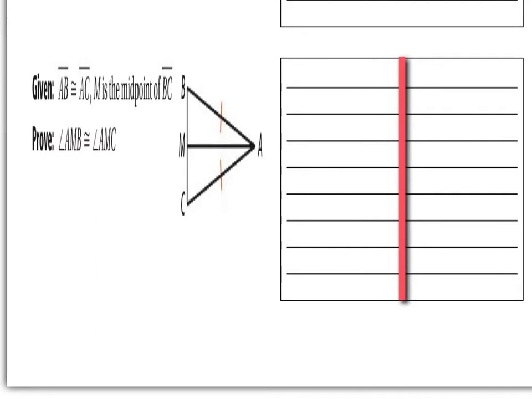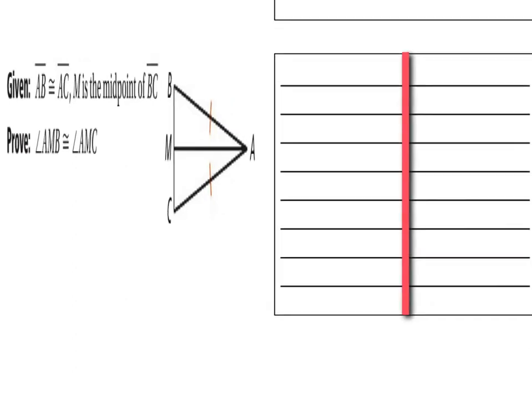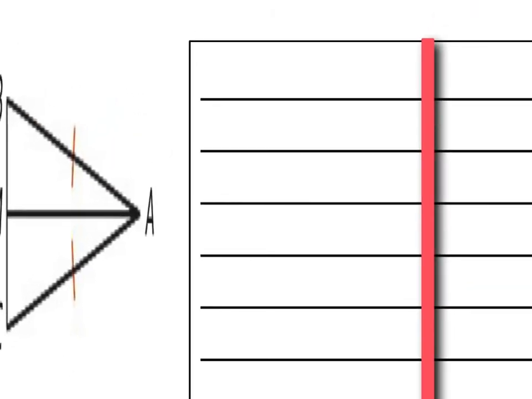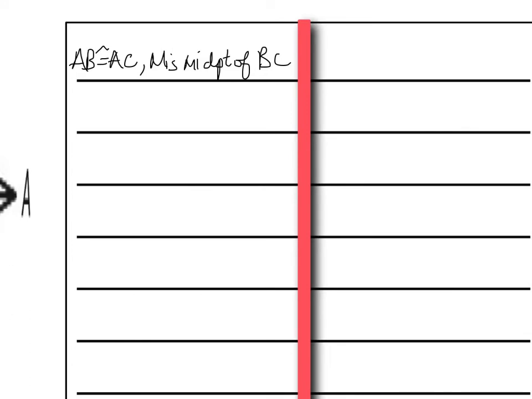Okay, so we could put that in our given. So we've got AB is congruent to AC, and M is the midpoint of BC. That's going to be our given.